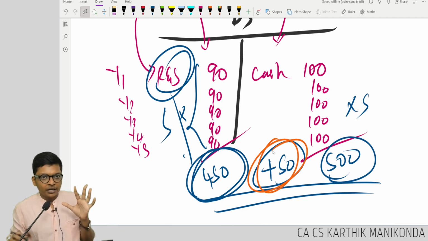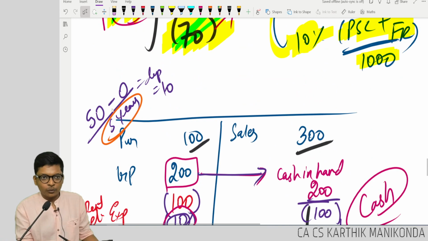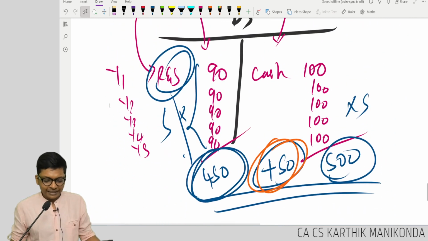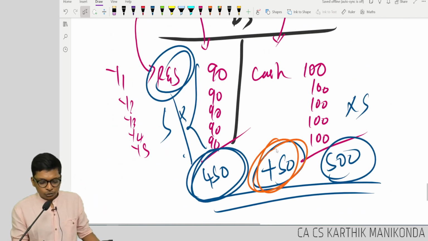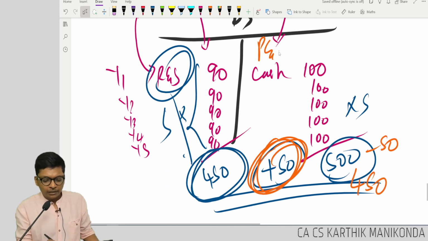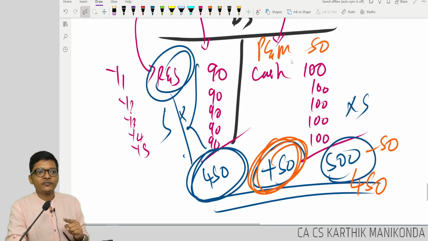At the end of year 5, this asset will get over, its life will get over, so I have to buy a new asset. To buy a new asset, I need how much, guys? 50. So 50 minus 50, cash will now become 450. That 50 is used for buying a new asset, or in other words, replacing the asset.